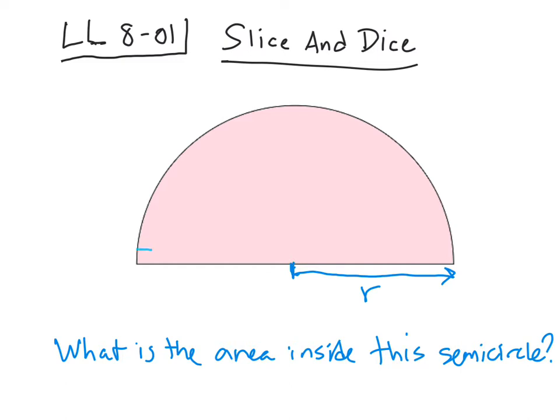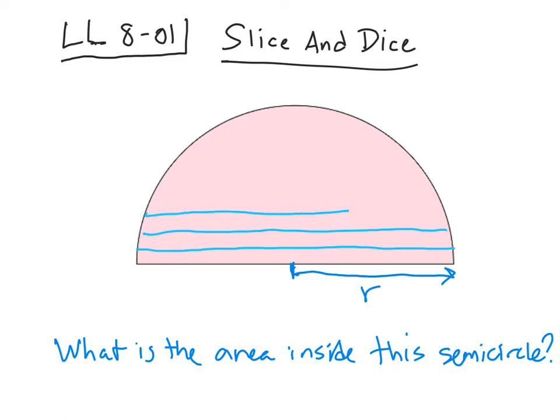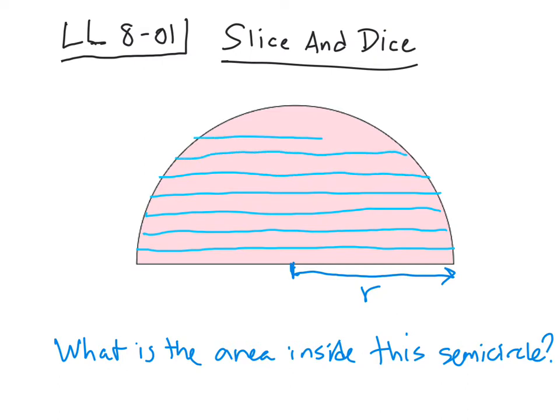So we're going to slice it like this. And the idea is we're going to be able to come up with a function that tells us what the area of each slice is. And then we're going to use an integral to add all of those slices up.